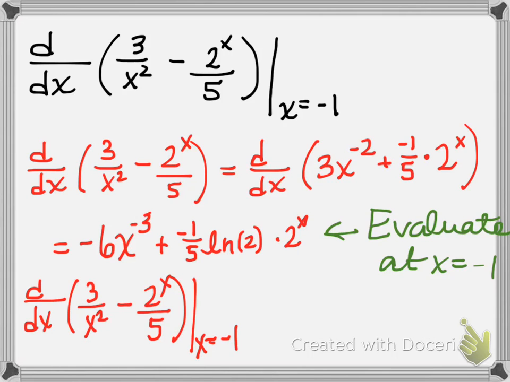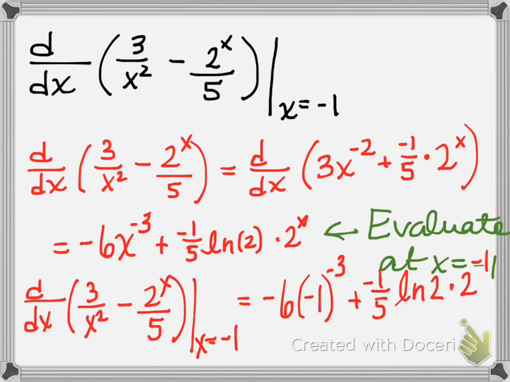So we get negative 6 times negative 1 to the negative 3 plus negative 1/5 natural log of 2 times 2 to the negative 1. Sorry, the green and red are kind of writing over each other. So we get 6 minus natural log of 2 divided by 10. Divided by 10 because we had the 1/5 and we also had 2 to the negative 1, so that's like 1/2.